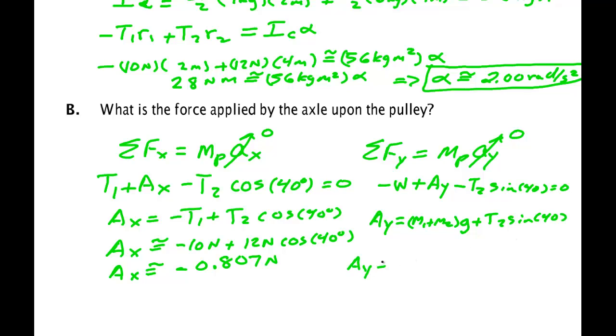So AY would be, let's see, it was 10 kilograms times 9.8 meters per second squared plus 12 newtons sine 40. So AY is approximately 106 newtons, roughly.